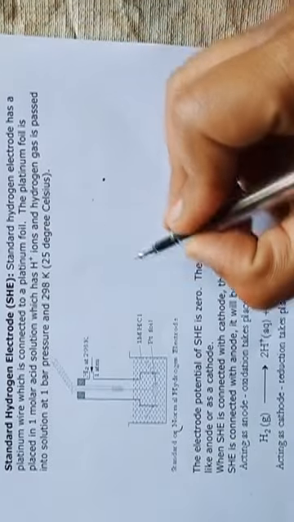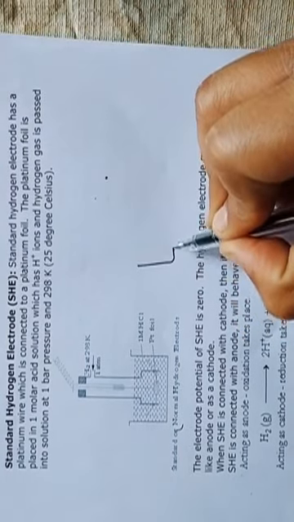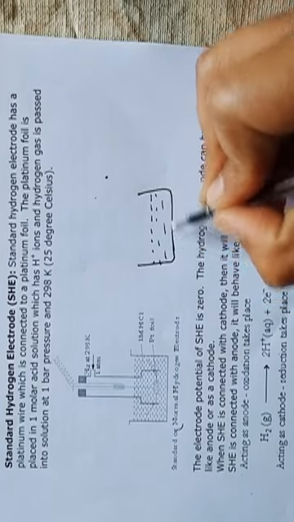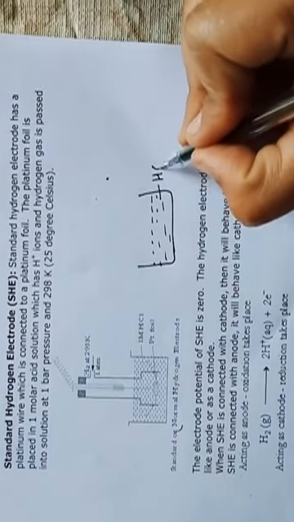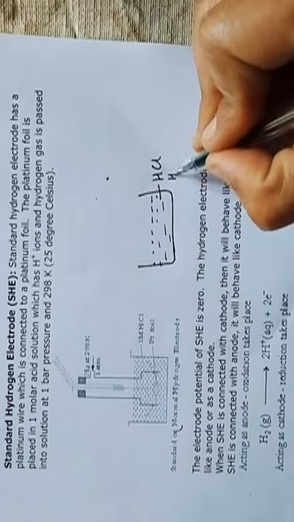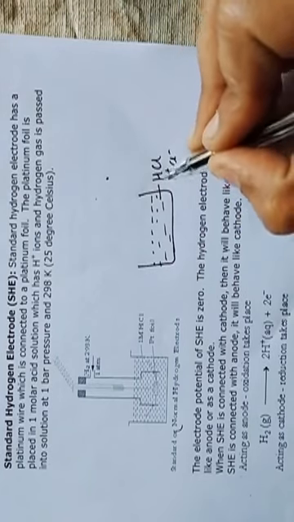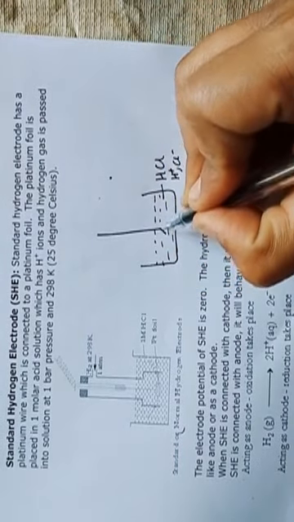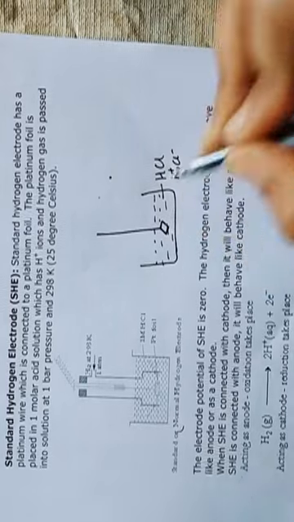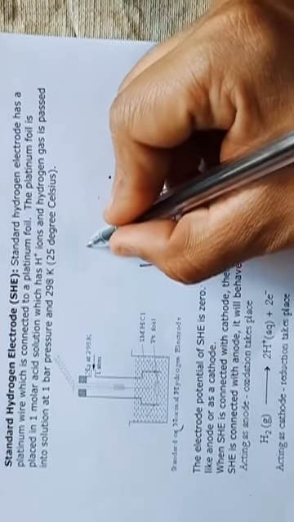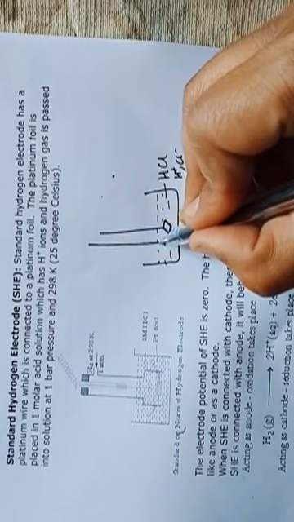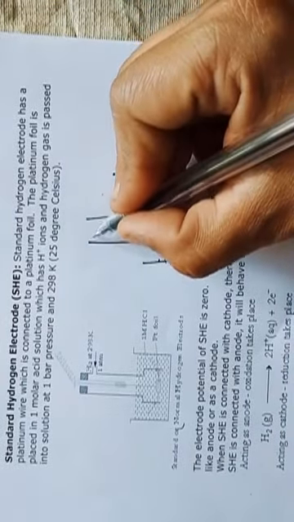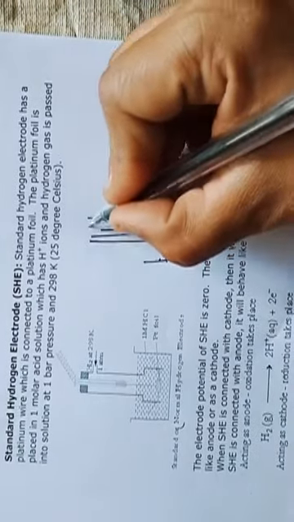What happens in this? One beaker or vessel is taken. In this, 1 molar HCl solution is taken, which will break into H+ and Cl-. A platinum rod is taken, and with that platinum rod a platinum foil is attached, and then it is covered, and from here it is a platinum wire.